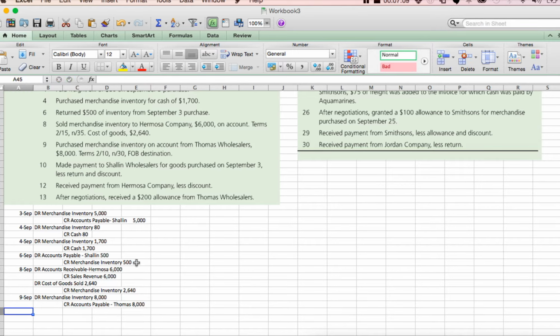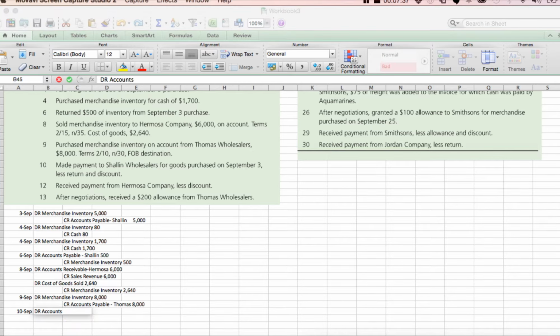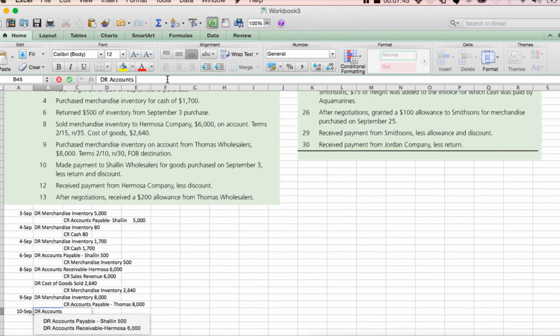September 10th, made payment to Shallon Wholesalers for goods purchased on September 3rd, less the return and the discount. So our debit is going to be to accounts payable, Shallon.